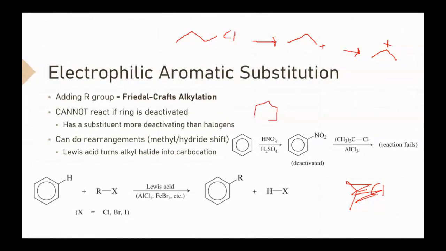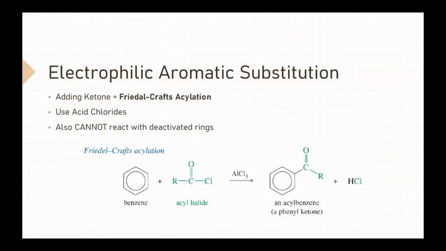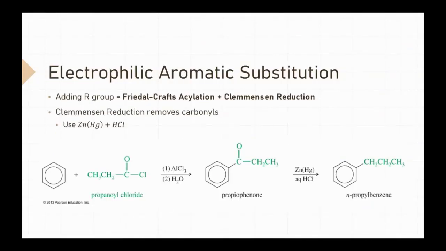So instead of your ring looking like this, it will actually attach like this, right? Because we have that rearrangement. Now, if you want to prevent that from happening, what you could do is make a carbonyl next to that chlorine, right?